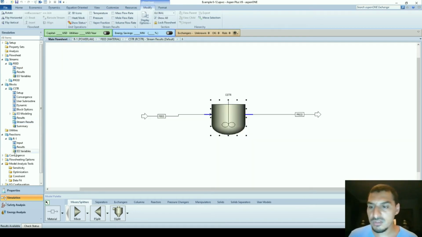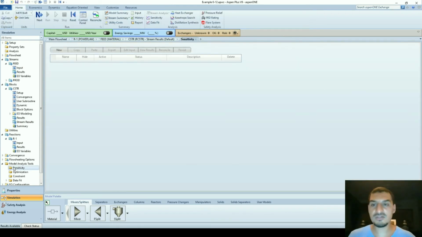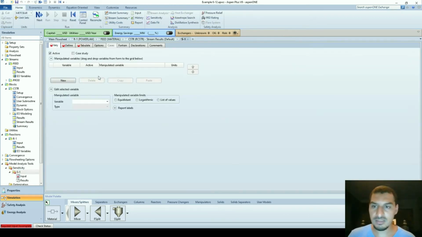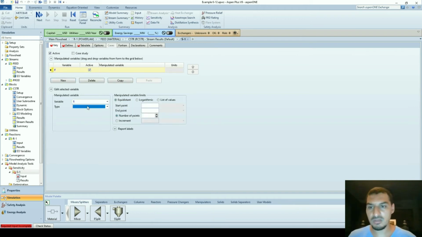The first part is the sensitivity analysis on the temperature and the pressure. So I'm adding one analysis, and here I'm going to vary the temperature and the pressure. The manipulated variable is the block variable, which is the CSTR. The variable is the temperature.